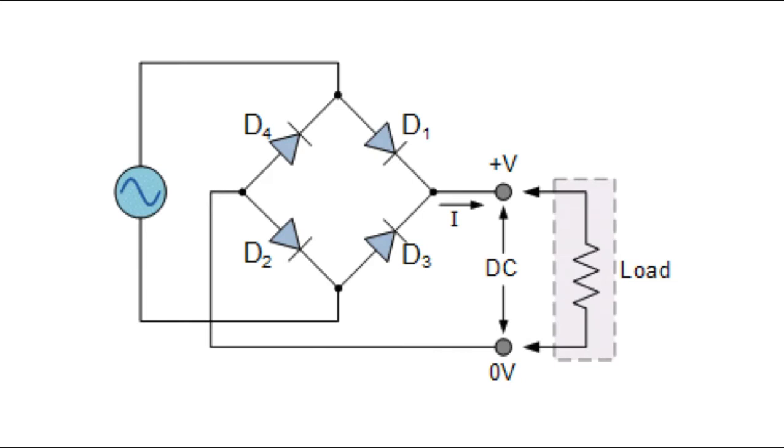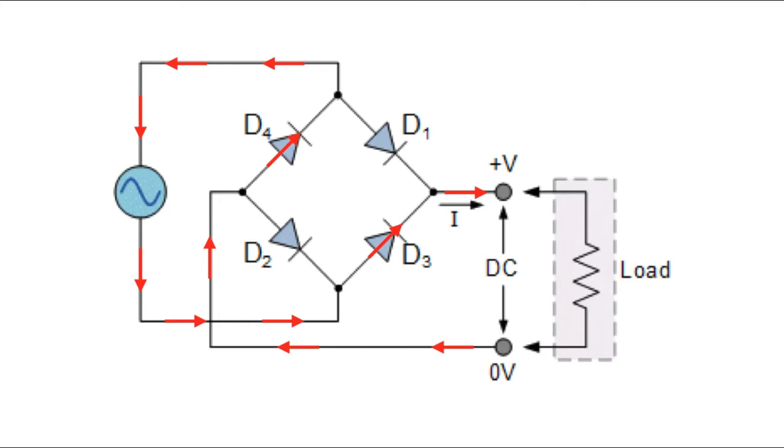In this picture, we can see the configuration of a full-wave rectifier with an AC input. We have the four diodes placed in a bridge shape with a specific direction. Since an AC source has two directions of current, we need to look at what will happen in each direction to better understand how this works.